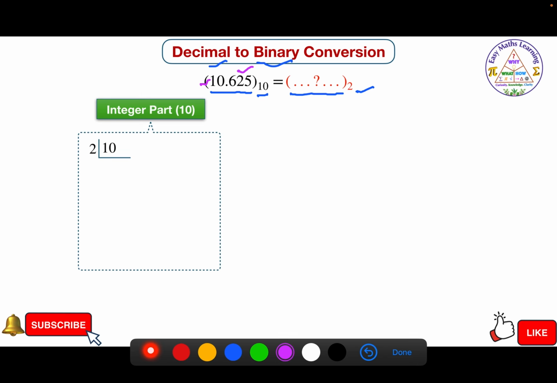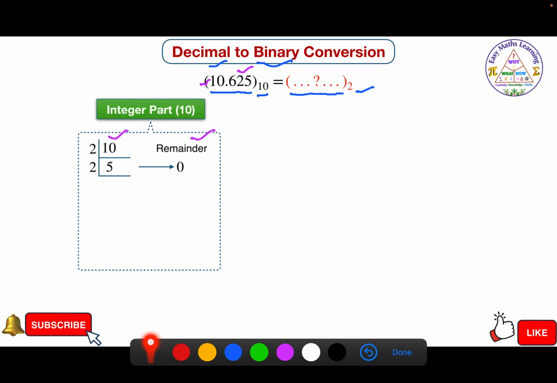So here we divide the integer part 10 by 2 and record remainders. So 2 fives are 10. So remainder will be 0.